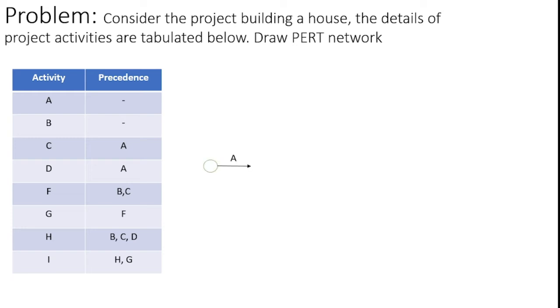Initially, A doesn't have any precedence, so I simply draw the node. After that, I can represent the activity with the arrowhead, and I can assign the name above the arrowhead, between events. After that, B also does not have any precedence, so B can be represented from the initial node. Why I drew it this way, I can explain later.